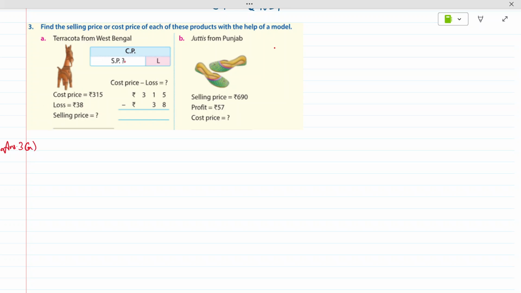So kids, we know that in the case of loss, the cost price is greater than the selling price. So we will use the formula CP minus SP is equal to loss. And we know what CP is here.